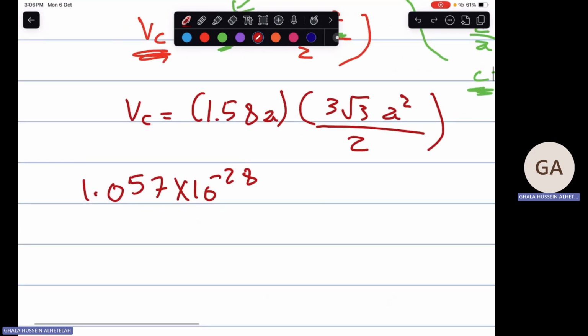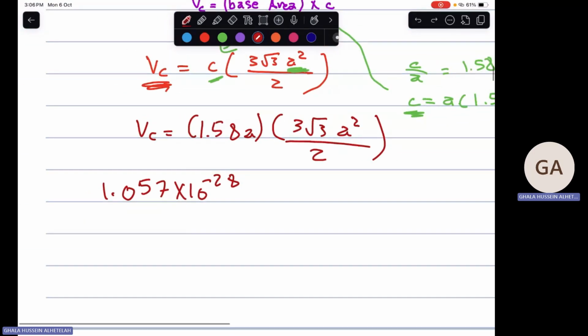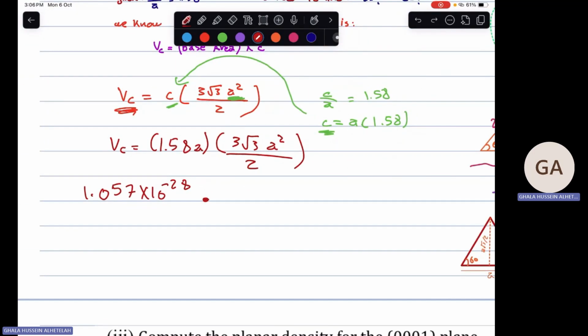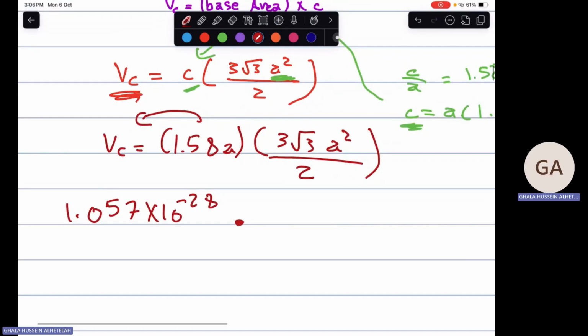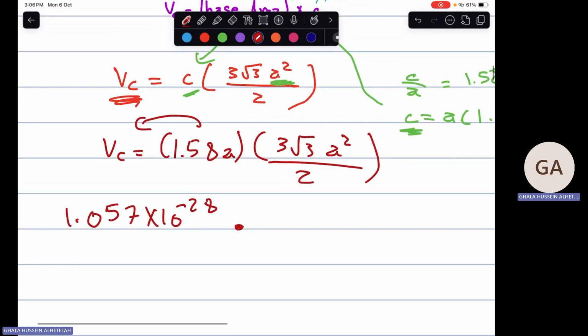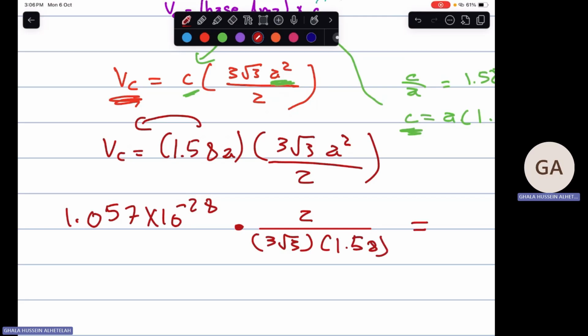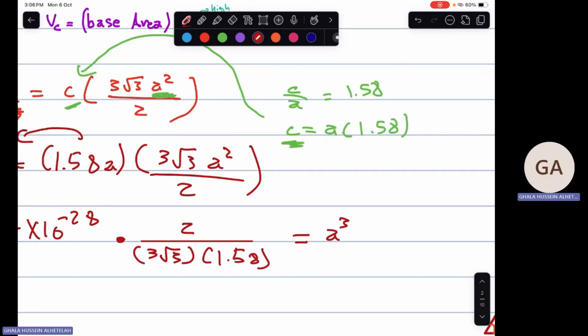So we can move this number to the other side. So we have 2 here, 3 square root of 3 multiplying by 1.58, which is equal to a to the power 3.